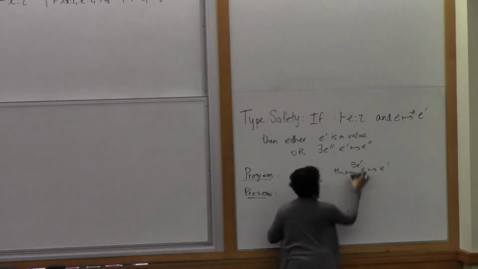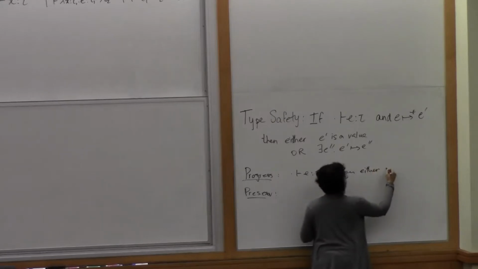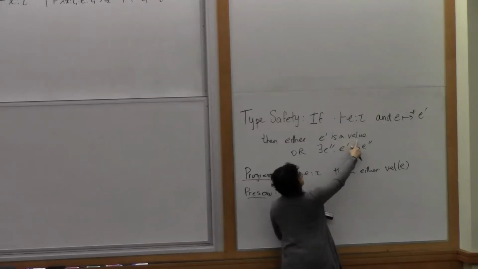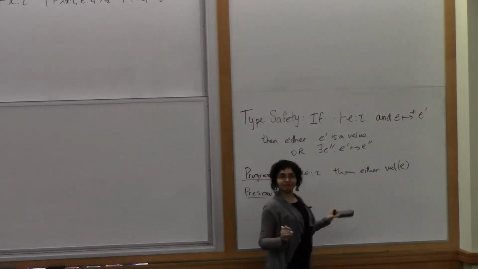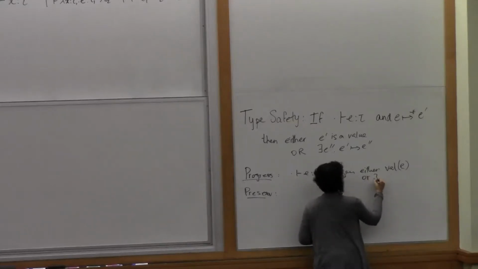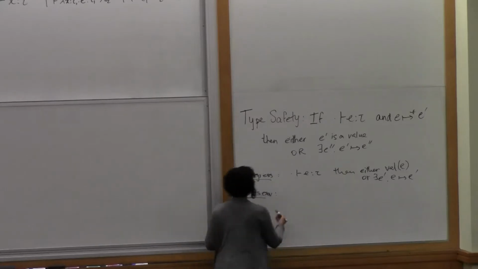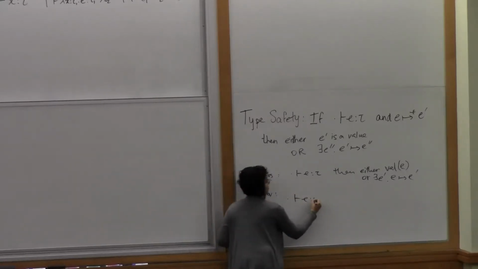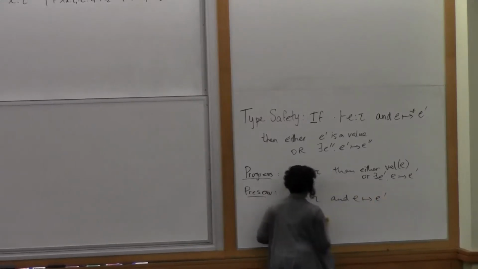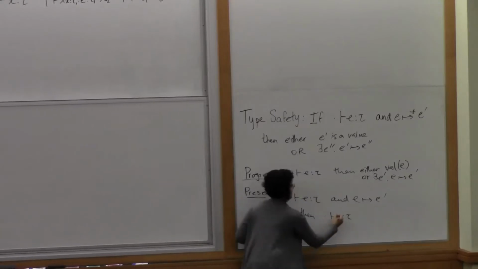Then either, I'll just write val E to mean this wordy thing about something being a value. So either E is a value, or there exists an E prime such that you can step to E prime. And preservation says that if E is well typed and E steps to E prime, then E prime has the same type, tau.